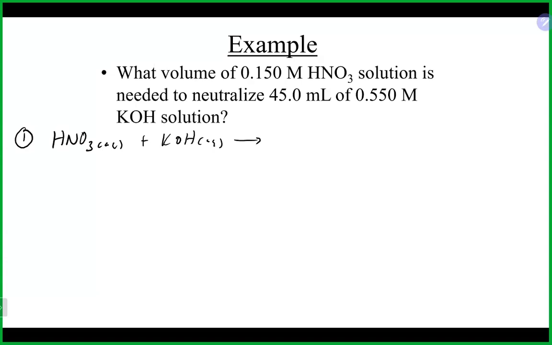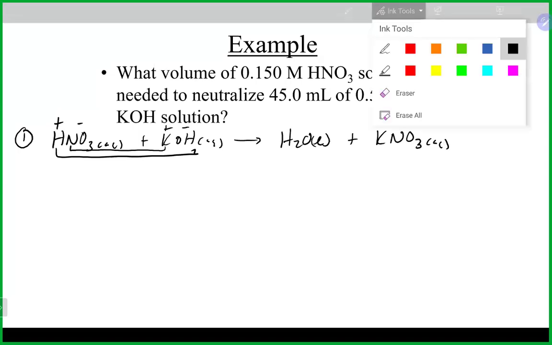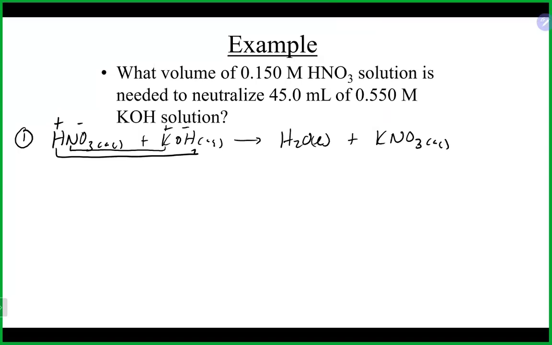Remember that acid and base reactions fall under double displacement reactions. So positive, negative, and we're just going to switch partners here. That's going to give us water that's definitely going to be formed, and our salt, which in this case is potassium nitrate. Potassium is +1, nitrate is -1, so that is what you get.